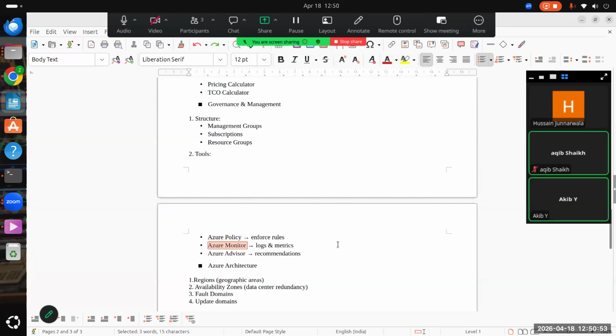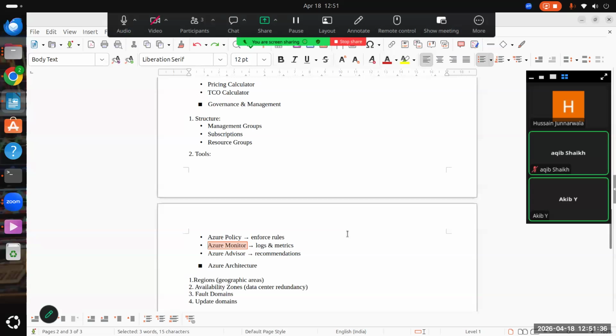Now we have Azure Monitor. Just to give you a basic example: if your virtual machine hard disk is 250 GB, you can use Azure Monitor to set up an alert when the disk is 90% utilized. So at 225 GB, you will get an alert that you have utilized 90% of your hard disk and only 25 GB is remaining.